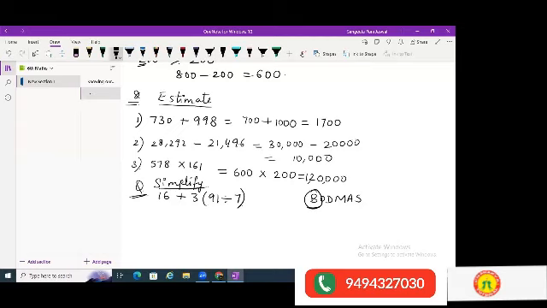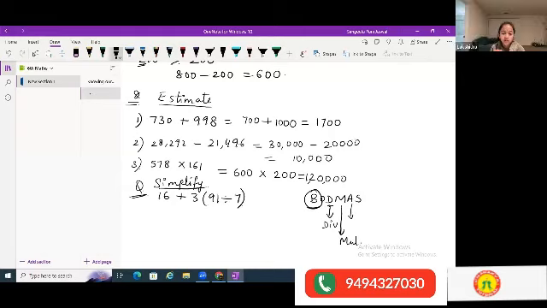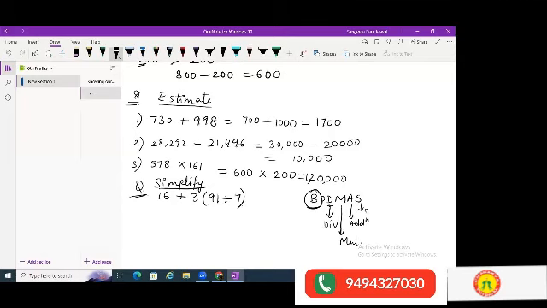Like here, 91 divided by 7 is inside the bracket. After the bracket, D stands for division. Then M stands for multiplication. Then A stands for addition. Then S stands for subtraction. You understood this?